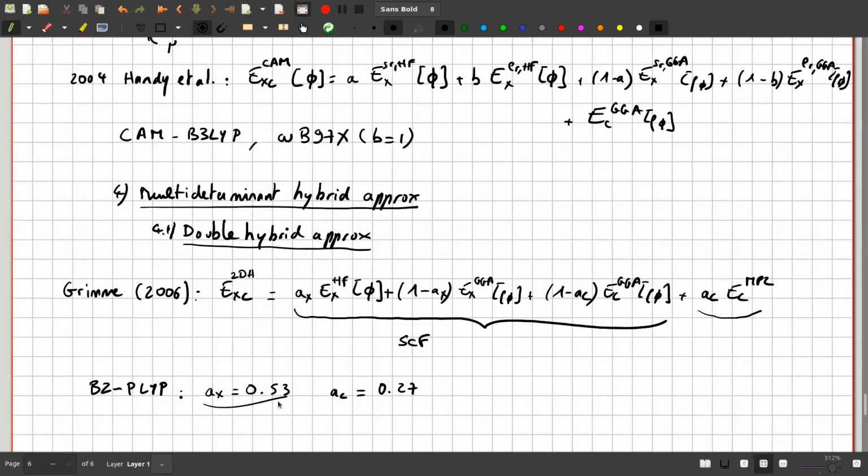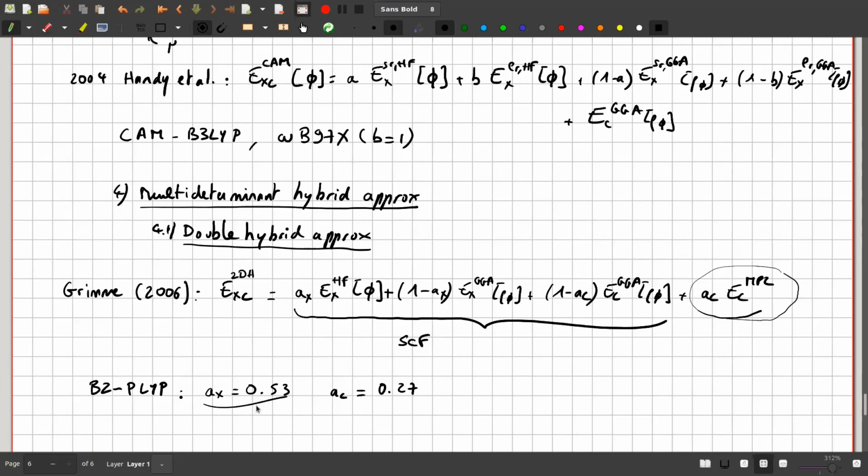And so you see what happens is that because of the use of non-local correlation, you rely much less on compensation of errors between exchange and correlation, and therefore you can have a much larger fraction of Hartree-Fock exchange. You basically double the fraction of Hartree-Fock exchange, and for this reason you reduce the self-interaction error.